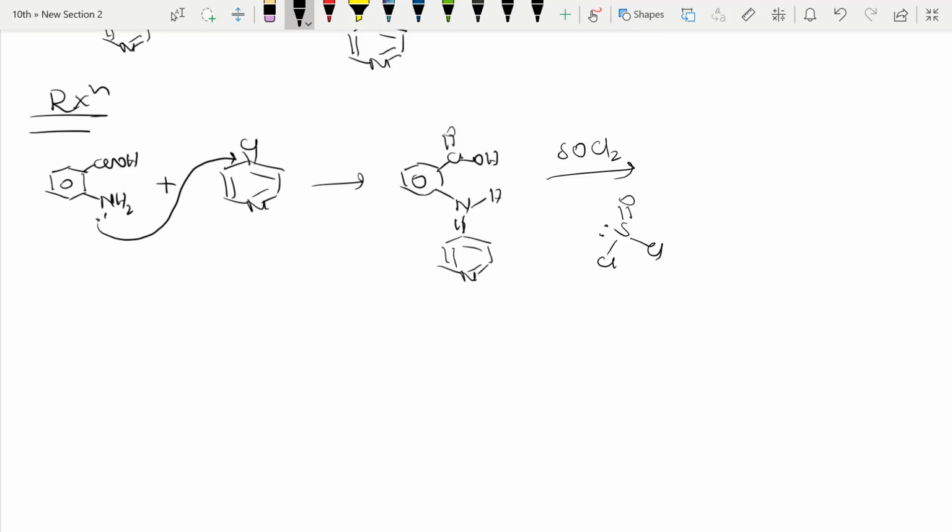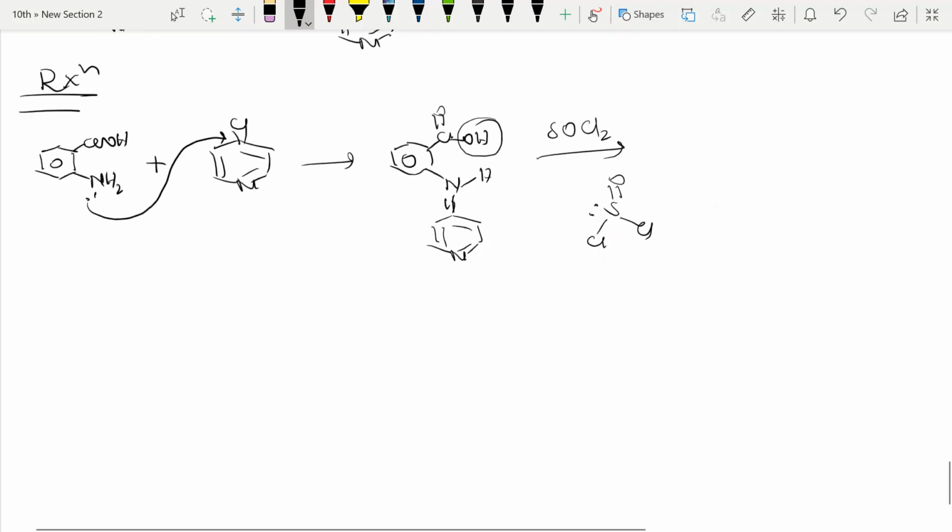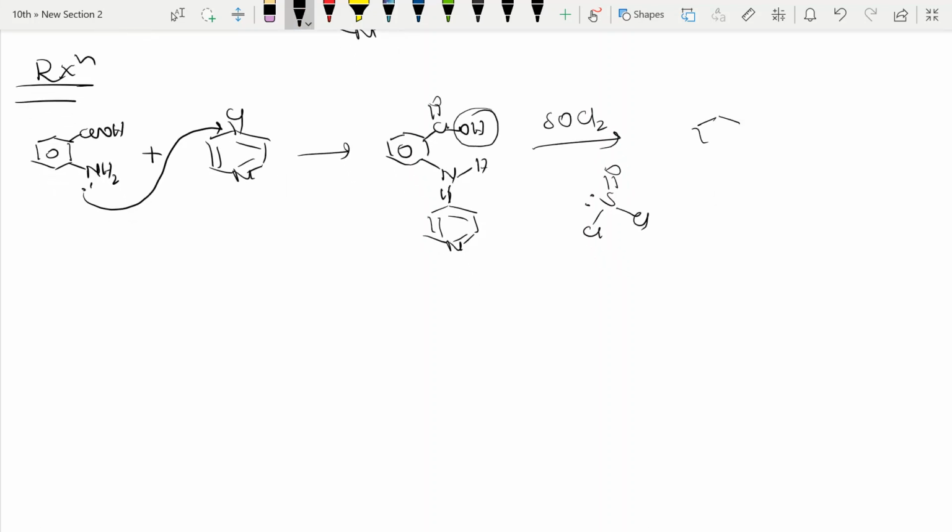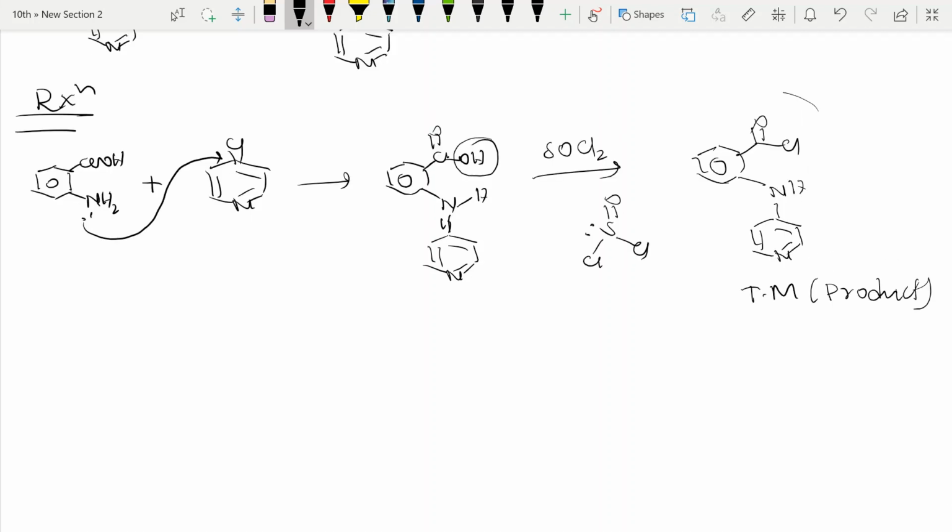So what it will do, it will take this OH and it will put chlorine. So what I will get, COCl and here NH, and this is our starting material, right? So this is our target molecule, or we call it here the product, right? So we synthesize this product, right?